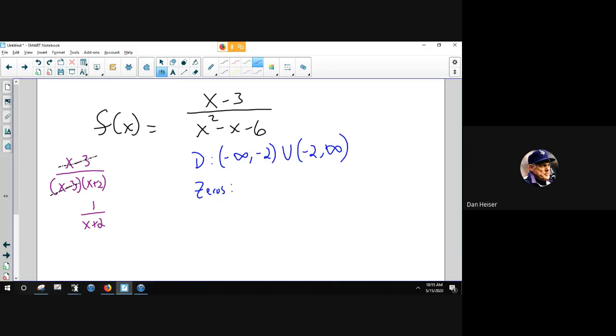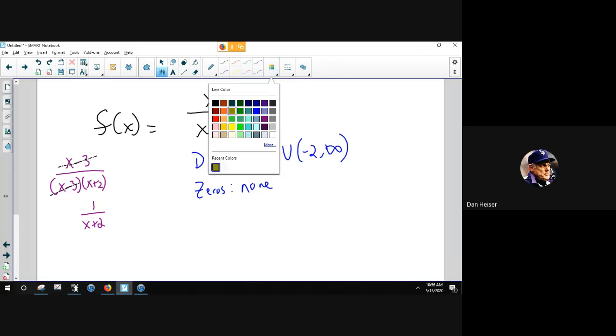What value of x makes the function equal to 0? Well, I got a problem. 3 is 0, but 3 is also going to lead to a vertical asymptote. So, problem. There are no zeros on this one.